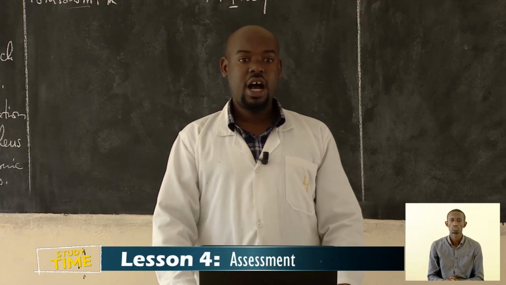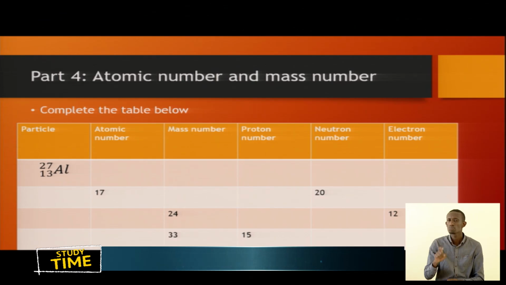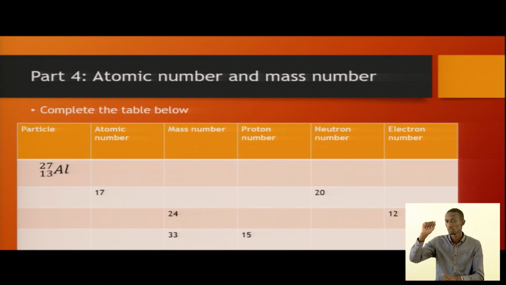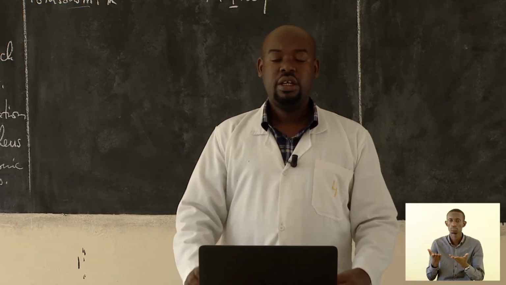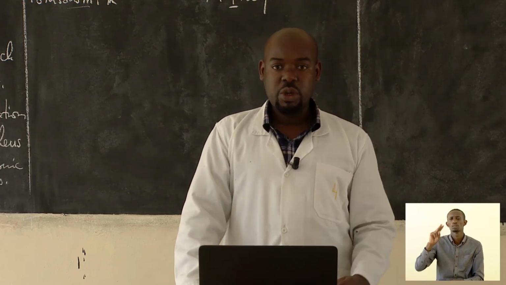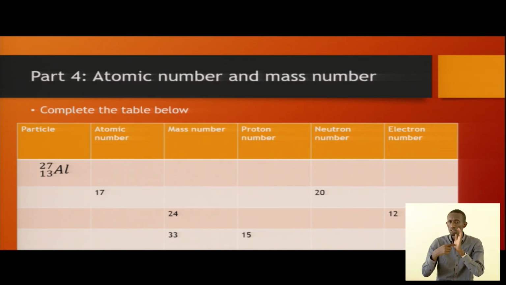Next slide, we have to find the atomic number and the mass number. We determine the number of protons, number of electrons, number of neutrons, or we represent the chemical symbol. And what we will use here is the table. You see the table we have here.